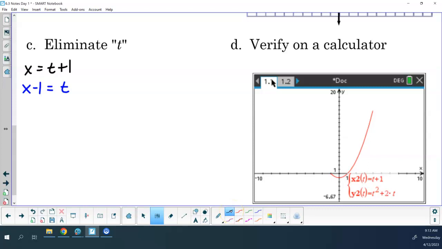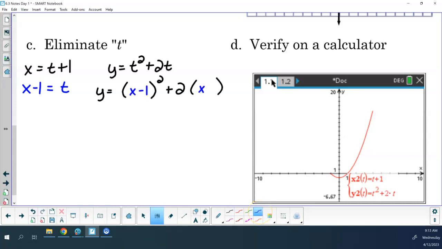My y was t squared plus 2t. So then that's going to be y equals x minus 1 quantity squared plus 2 times the quantity x minus 1. If I multiply out x minus 1 quantity squared, I get x squared minus 2x plus 1, not just x squared minus 1, or x squared plus 1.